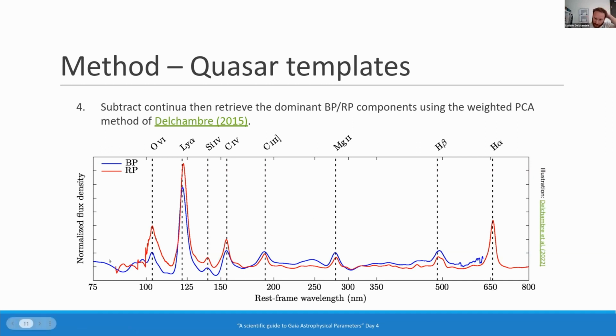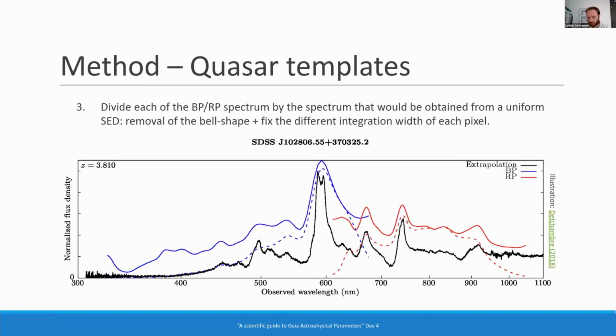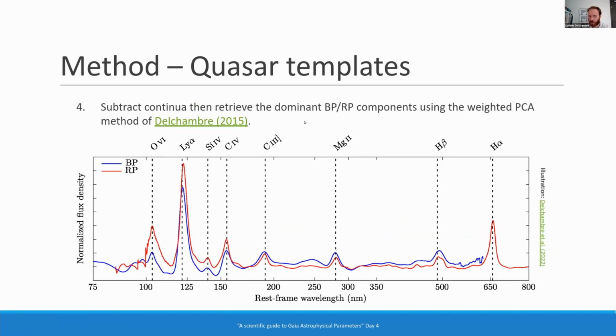So those are pure emission line templates, simply because I'm removing the continuum before recovering the PCA components actually. And this closely matches the templates that would be obtained from the classical composite spectra, Vanden Berk and so on.